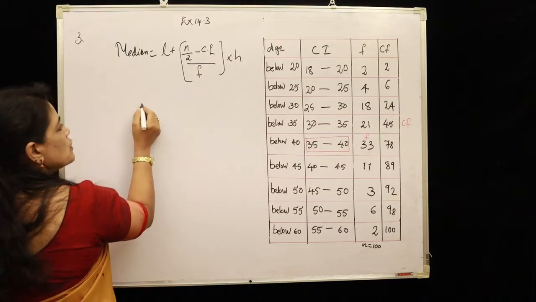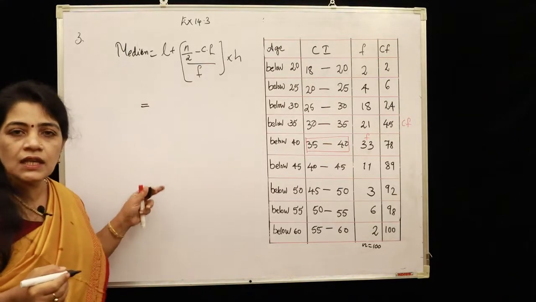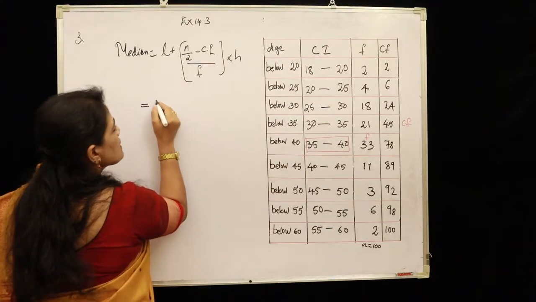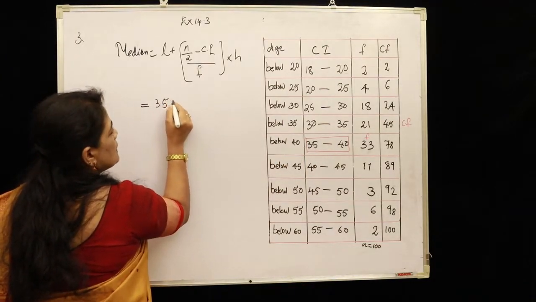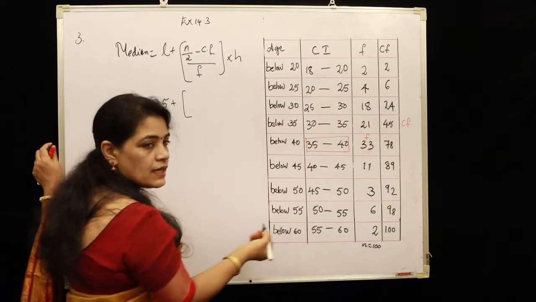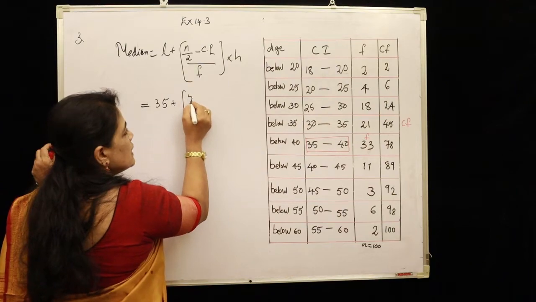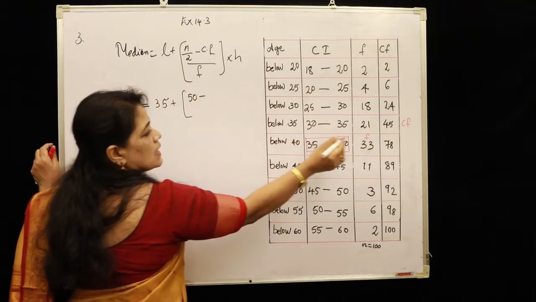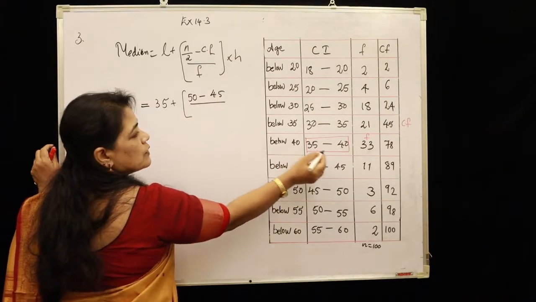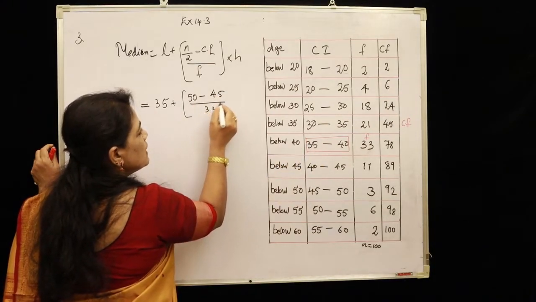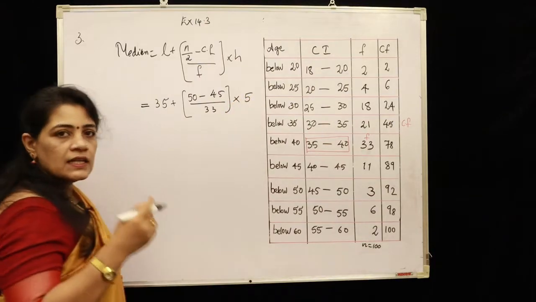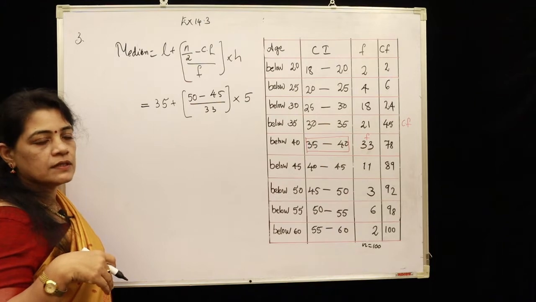So we are going to substitute all these values in the given equation. L is the lower limit of the median class, 35, plus in the bracket n by 2, that is 100 by 2, which is 50, minus CF 45, divided by F, that is 33, the frequency of the median class, into H, that is 5, upper limit minus lower limit.